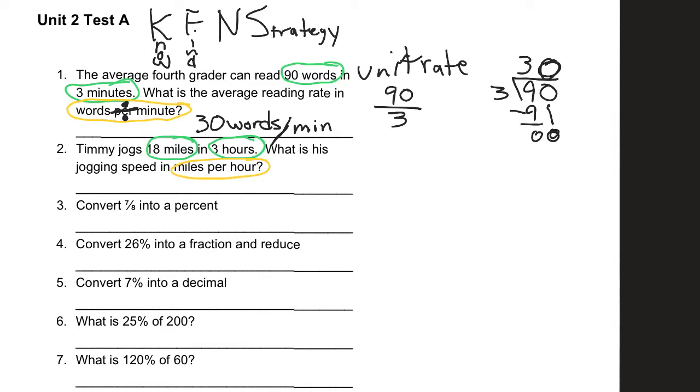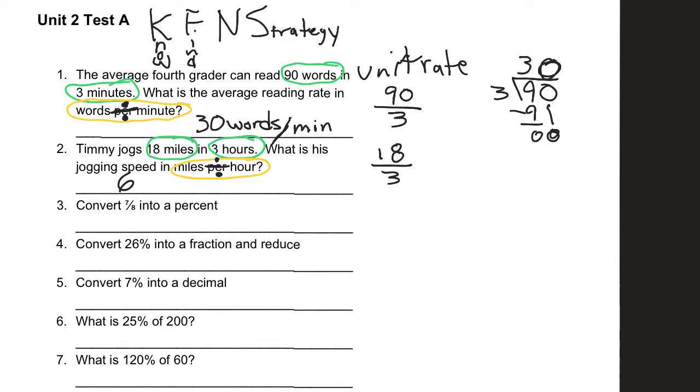Again, that's unit rate. And I'm going to turn my per into a division sign. Miles divided by hours. So what were my miles? If I put it over here, I had 18 miles over 3 hours. Well, what's 18 divided by 3? Or what times 3 equals 18? Well, I can do that in my head. That's 6. So over here, I'm just going to put 6. What am I doing?